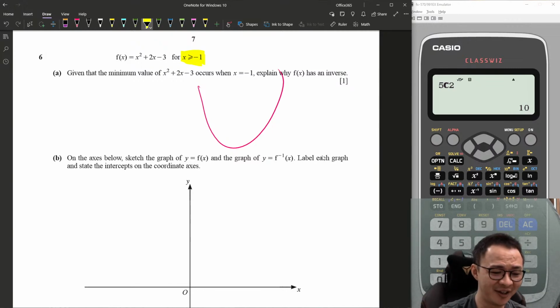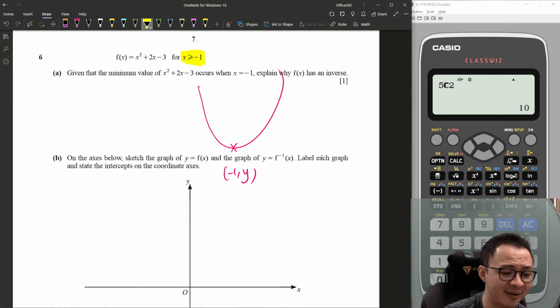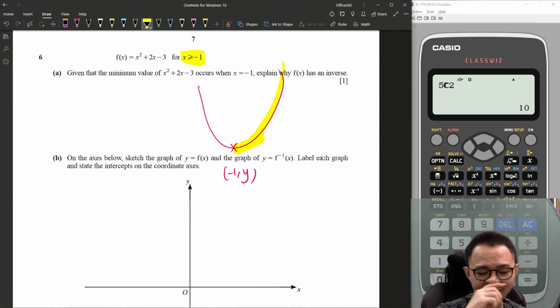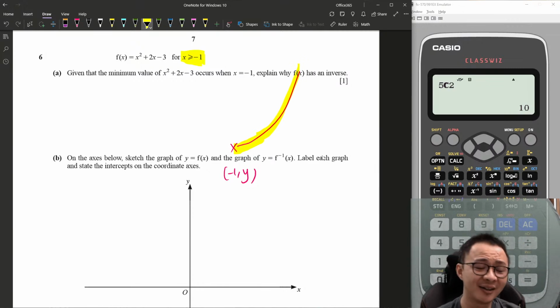If I limit the domain, I only want the graph from -1 all the way to the positive values. Then I only take the highlighted part. That means my graph now becomes a one-to-one function, because I only take from the minimum.